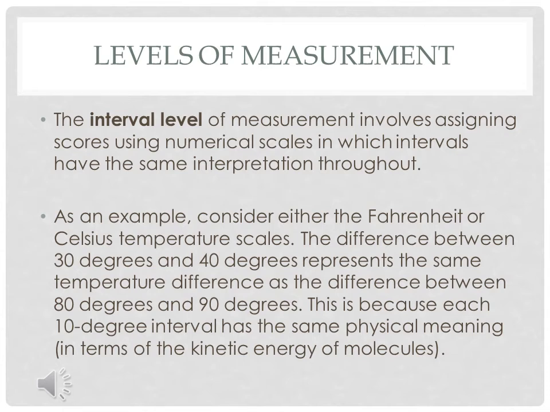So the interval of 30 to 40 follows the same as the next interval, 80 to 90 degrees. This is following an equal level of measurement, and that's why it is called an interval scale.